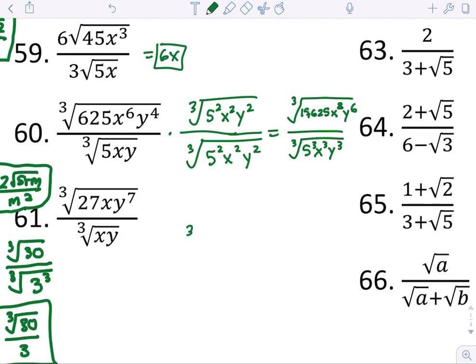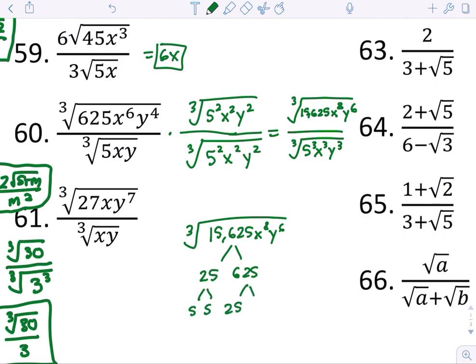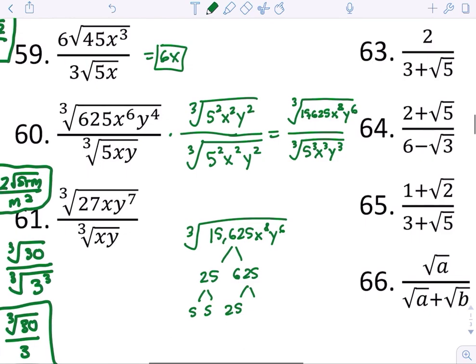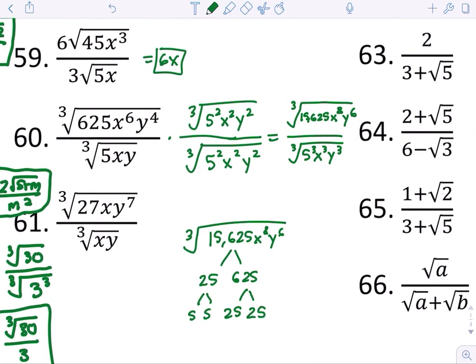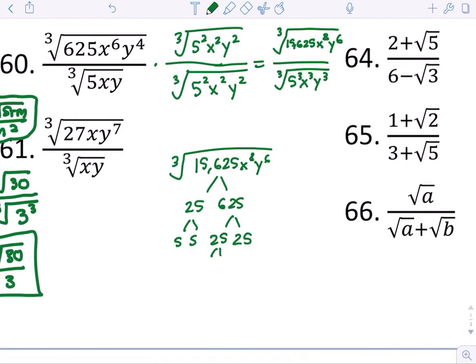Alright, so we need to simplify this. Well, you already know that this is going to be 25 and 625, right? 5 and 5. 25 and 125, 25, 5 and 5, 5 and 5.